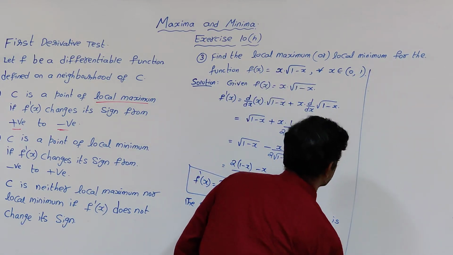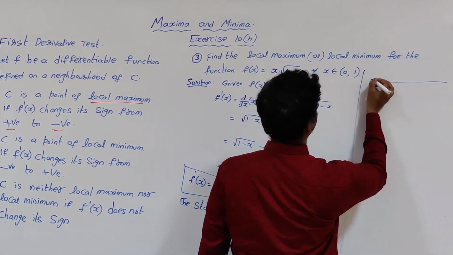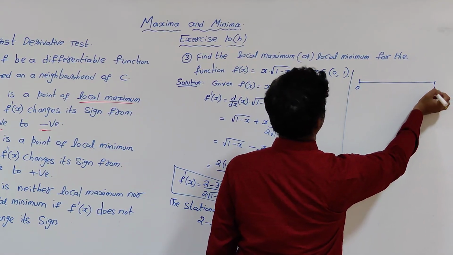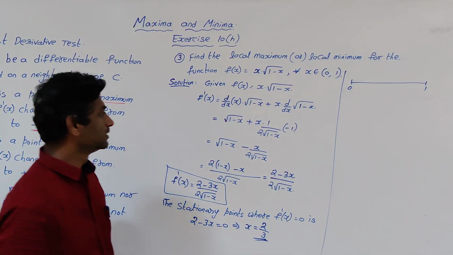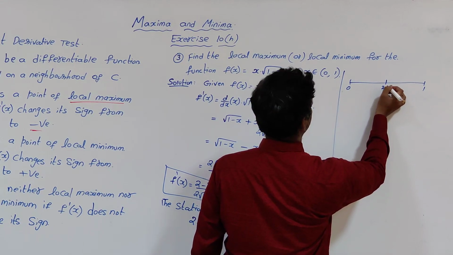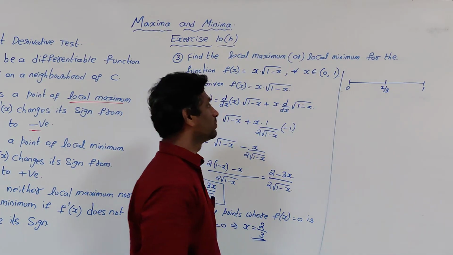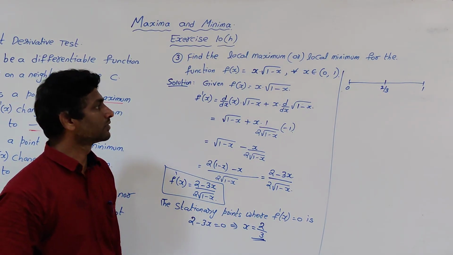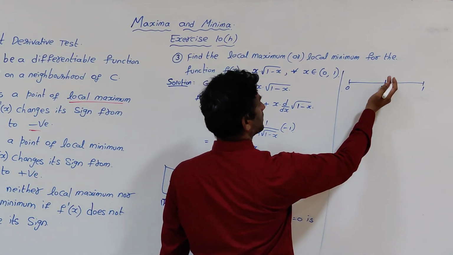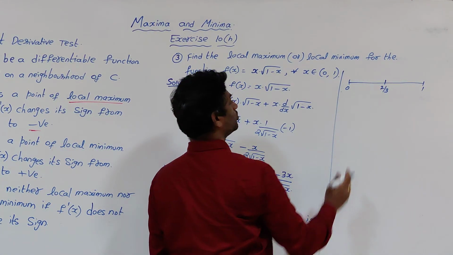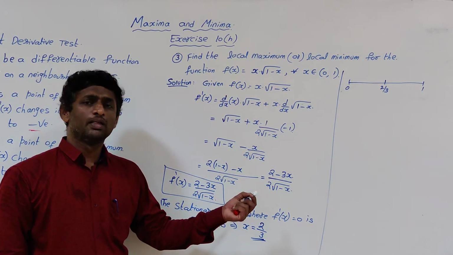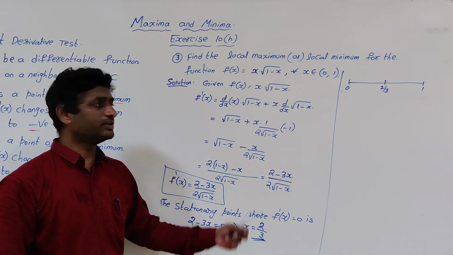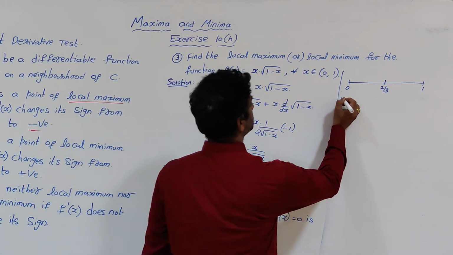Now divide the domain. From where to where? From 0 to 1, where 0 and 1 are not included in the domain. Now 2 by 3, which is approximately 0.6, lies between 0 and 1. Now choose any point before 2 by 3, that means before 0.6. If I choose 0.5, then what happens?